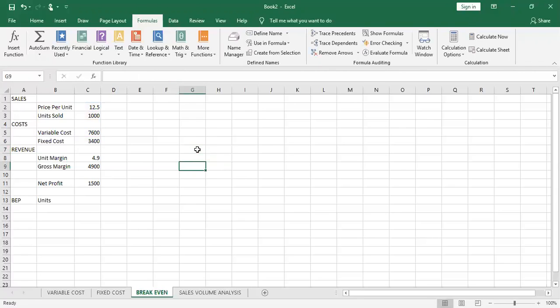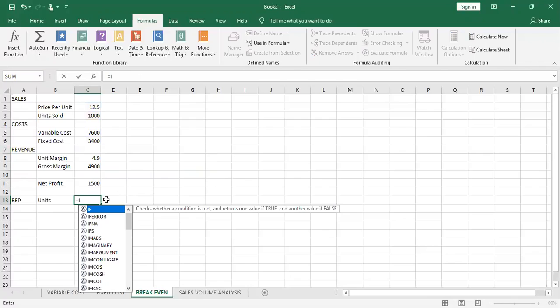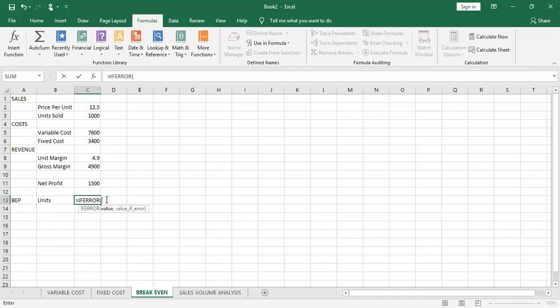Now the next is to compute the break-even point in units. For the break-even point in units, we apply the IFERROR function. So IFERROR, the formula for break-even point in units is fixed cost divided by contribution. So this is fixed cost divided by contribution, that is the unit margin, and that is the value within the IFERROR function.